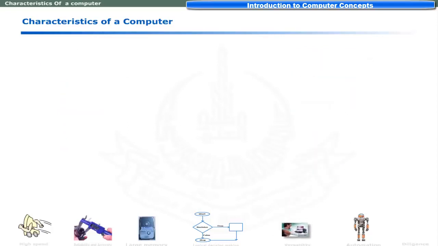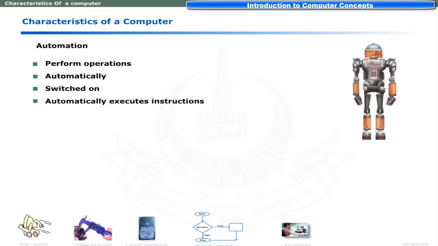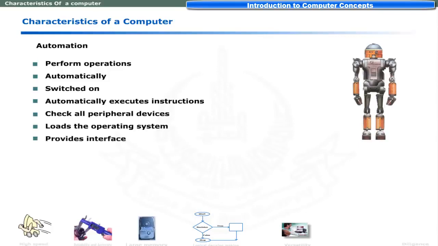Another remarkable feature of computers is its ability to perform operations automatically. When the computer is switched on, it automatically executes instructions to check all peripheral devices, loads the operating system, and provides interface to the user without human interaction.